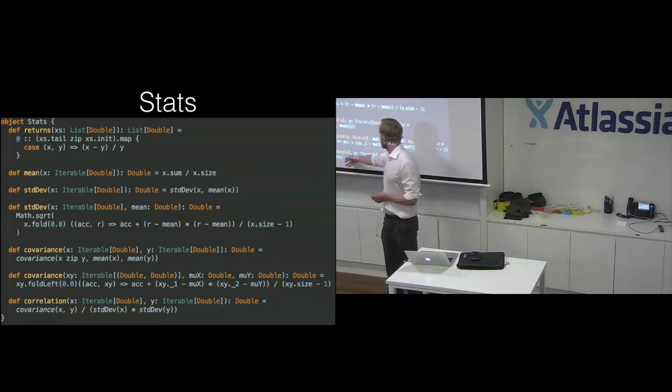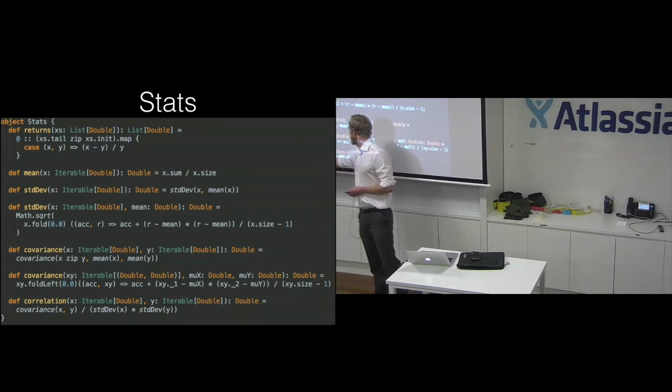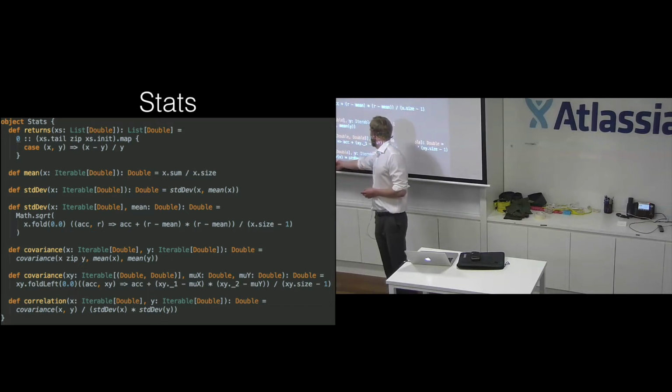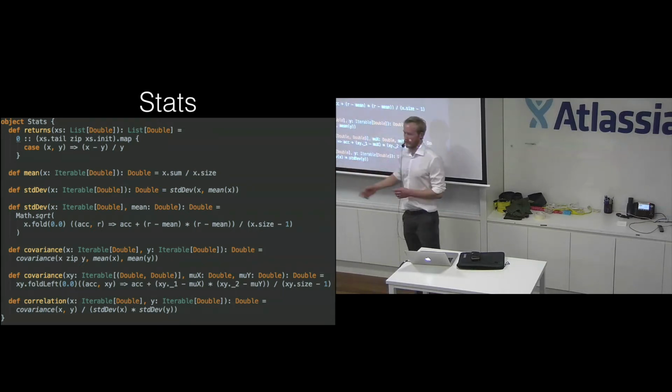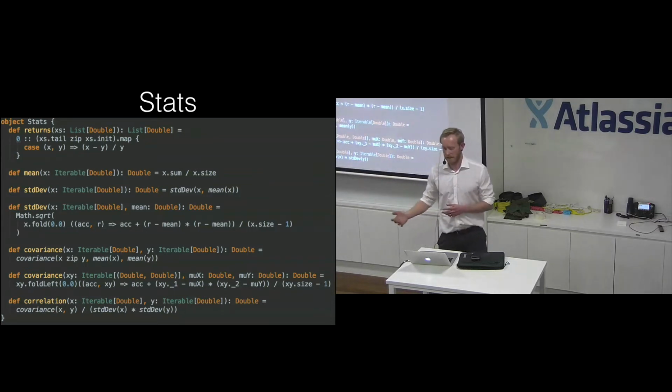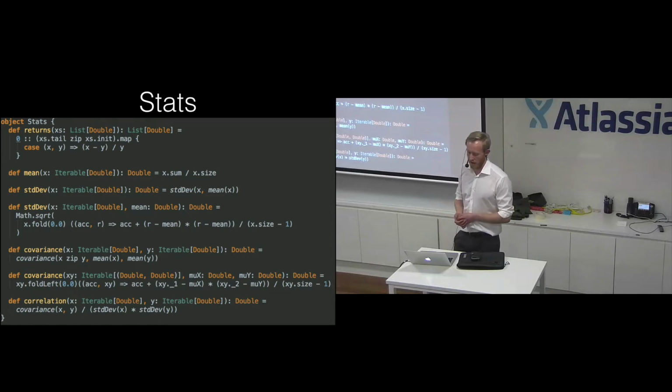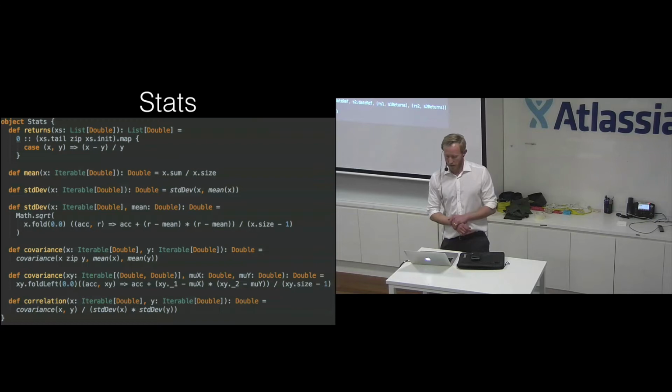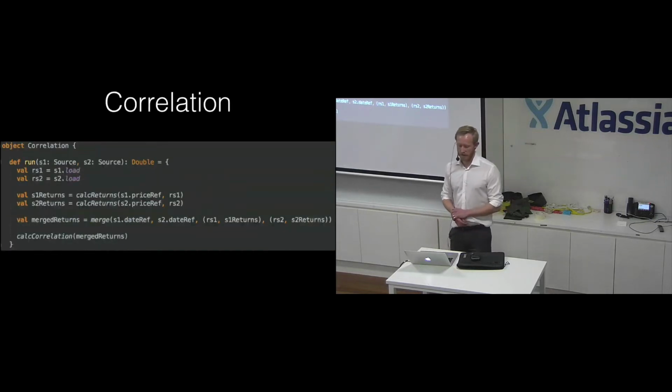Although I don't have the original math formula there, you can see that the correlation is the covariance of two different series, divided by the standard deviation of one times the standard deviation of the other. It's nice that it gives you very readable code, and it's not that dissimilar from what the actual mathematical formulas would look like. And then finally this is just some code to run the whole thing, which there's not really too much to say about, except it produces a number at the end.